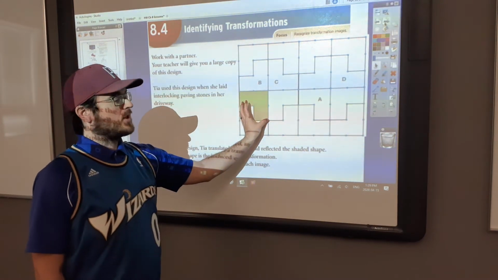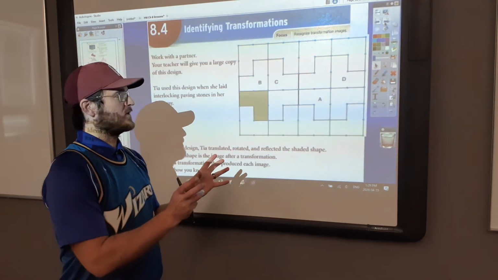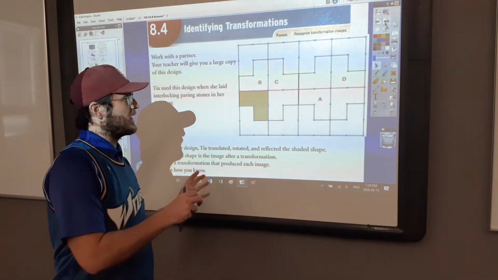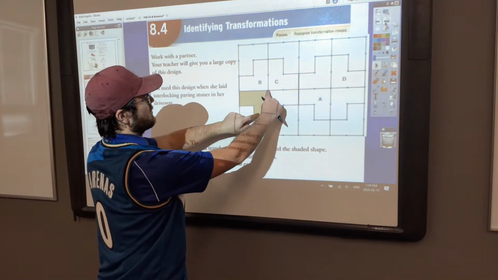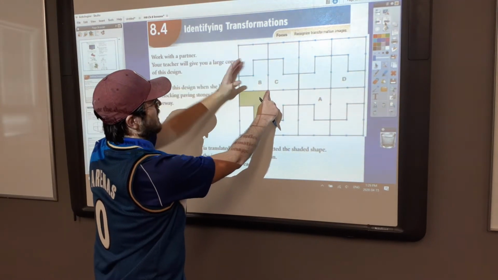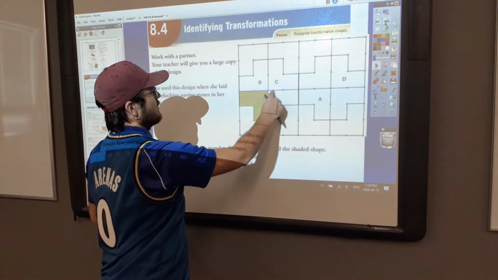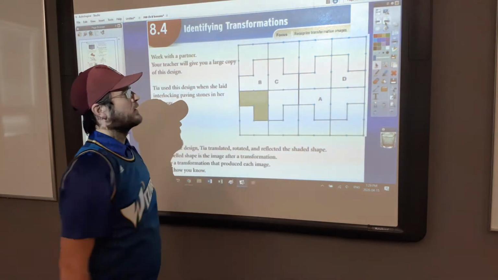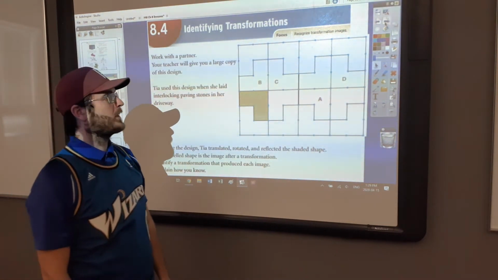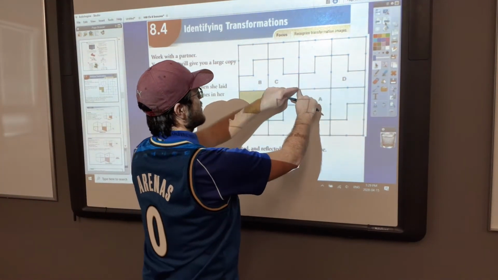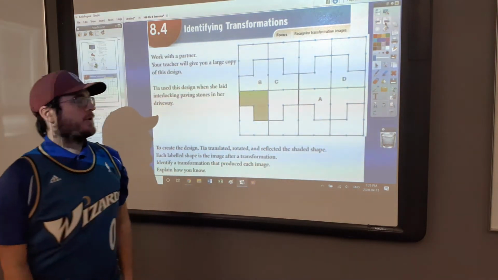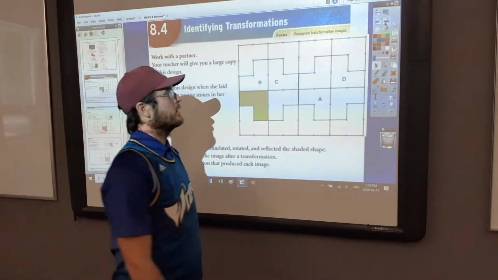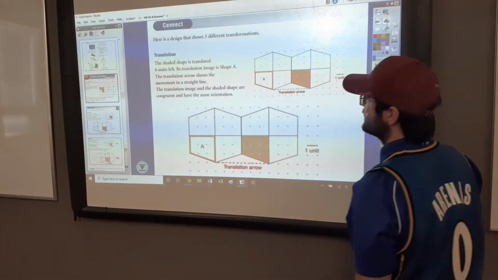You have to visualize, especially if you're just looking at a paper, you can't physically rotate it. So you have to imagine, if I would take this as the rotation point, rotate it about 90 degrees, rotate it another 90 degrees, this C could be rotated. Okay, D is actually also a rotation around this point where we move the whole shape, move it again 180 degrees. So we'll look a little closer at some of these examples.